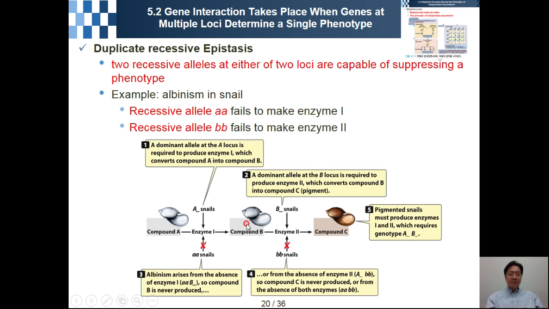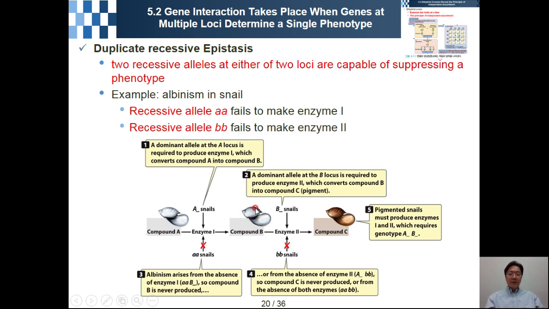For example, the dominant allele at the A locus is required to produce enzyme 1, which converts compound A to compound B. But compound A doesn't have any color, and compound B also doesn't have any color.